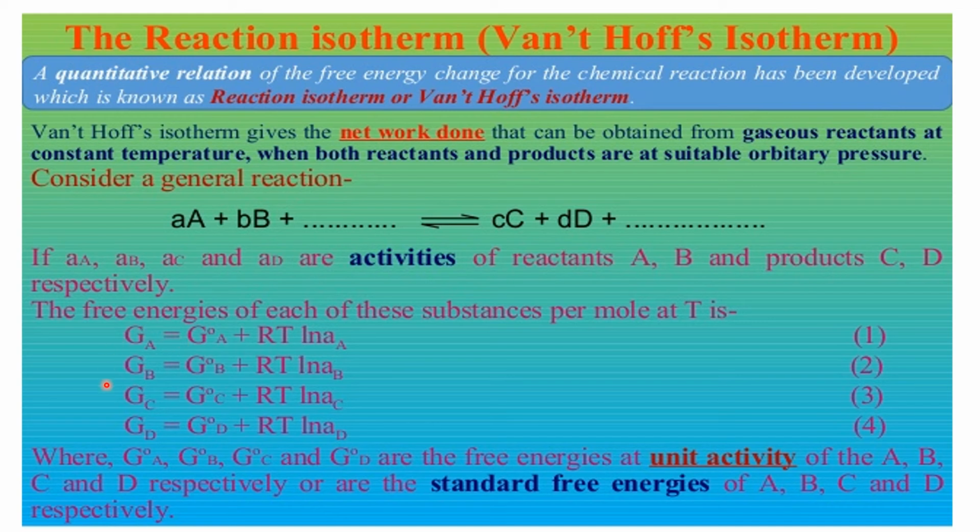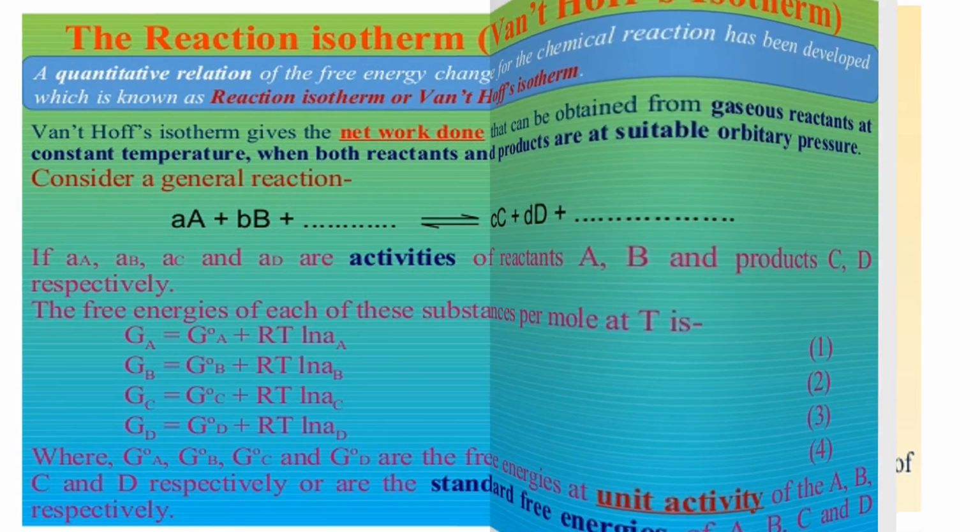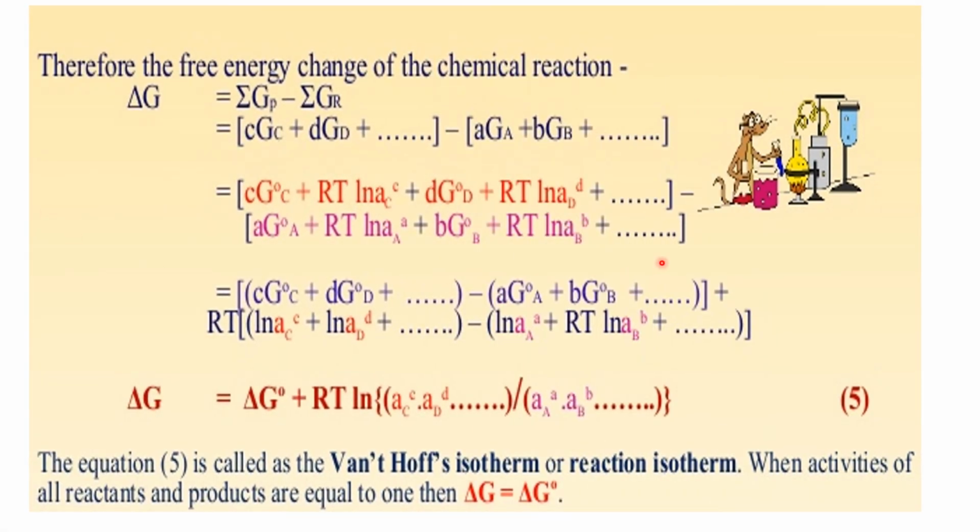Now we are going to substitute the values of this reaction. Take down. The change in free energy of any system is equal to the change in total free energy of the products minus the total free energy of the reactants.